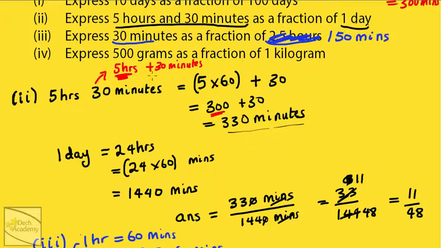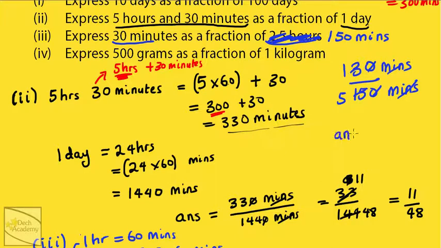So the question might as well be saying express 30 minutes as a fraction of 150 minutes, and therefore the answer is 30 divided by 150. The minutes you can write, but they will cancel out. The 0 cancels the 0. 3 here gives 1, 3 here gives 5. So we have 1 divided by 5 as the answer. So the answer for question 3 is 1 over 5.